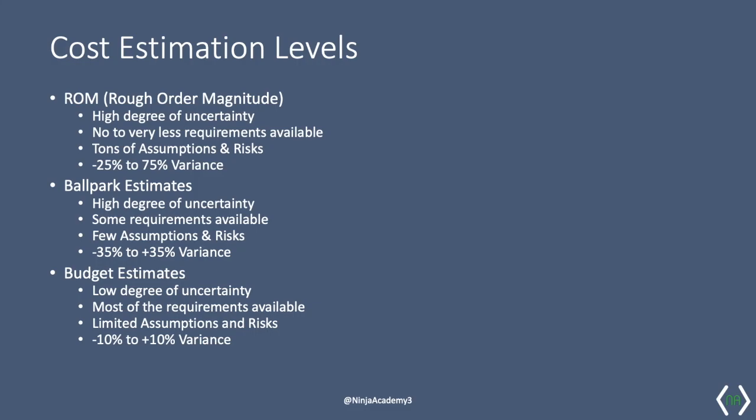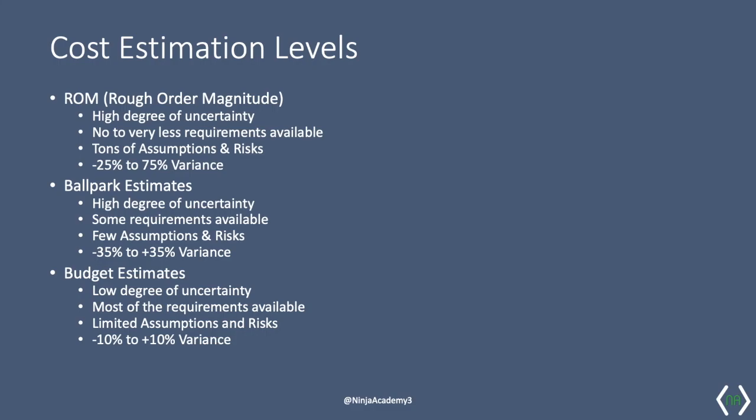Here's a quick summary of the three high-level estimation techniques. As mentioned before, they can be used at different cost estimation levels. ROM can be used when there's high uncertainty and little to no information is known about the project. If you estimate the project at $500,000, be ready for the total cost of the project to go up to $1 million.